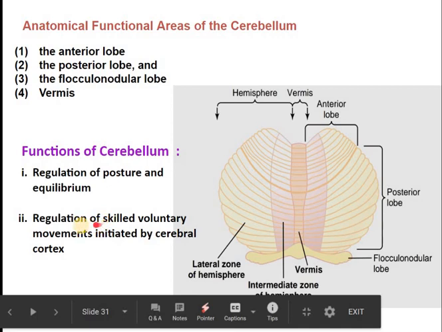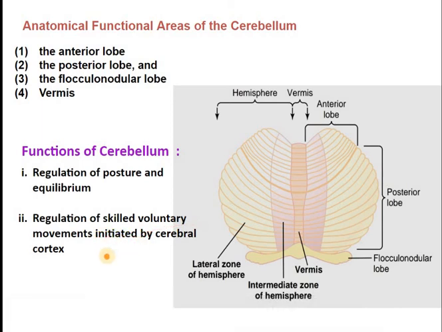The second function is regulation of the skilled voluntary movement initiated by the cerebral cortex. Here is a term you can find, the skilled voluntary movement. What is skilled voluntary movement? Voluntary movement means the movements which occur due to the contraction of the skeletal muscles.